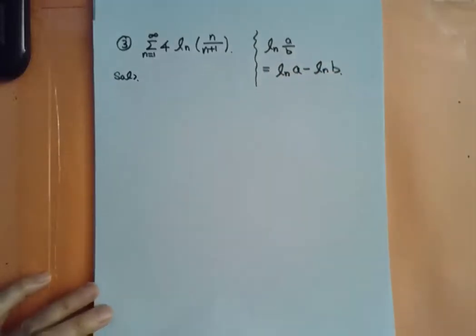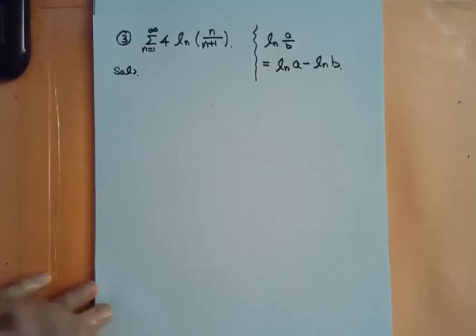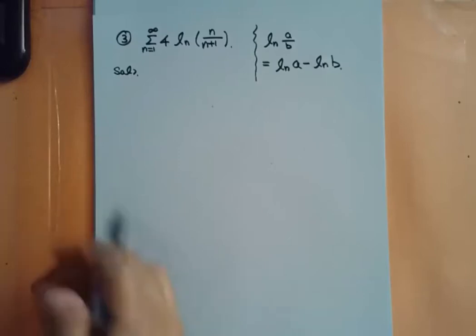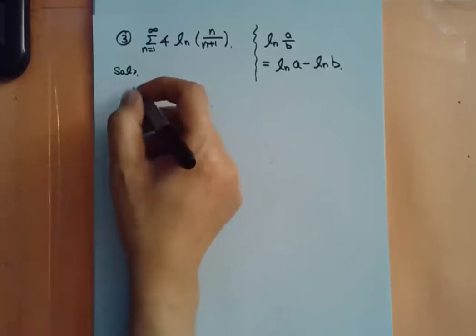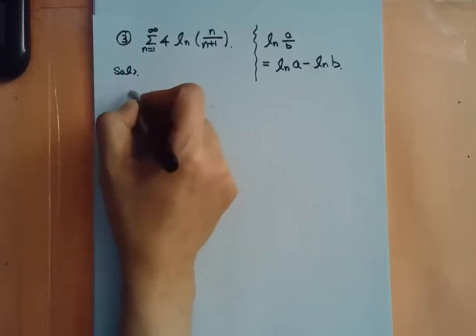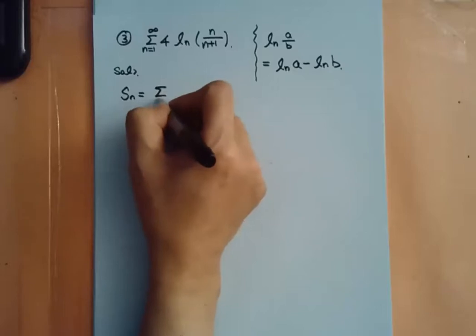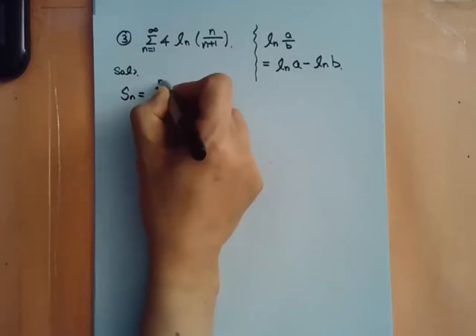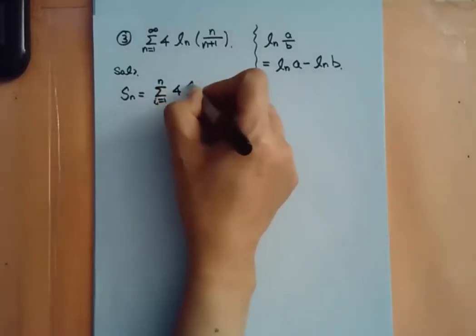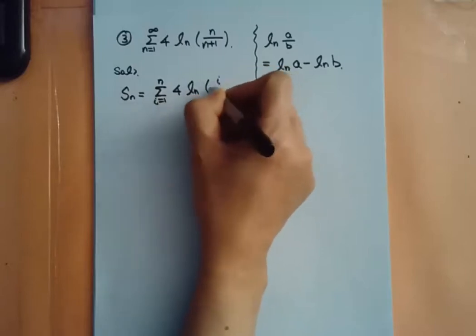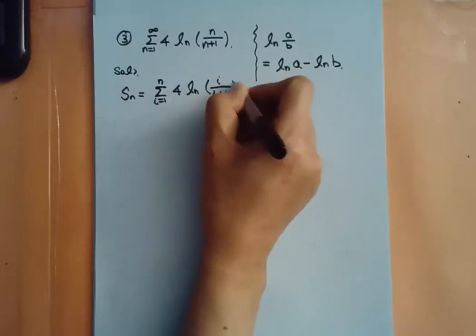So that's what we have to use in this case. So now we are not just using partial fraction. Instead of that, we use the logarithmic functions property. So nth partial sum is I equals 1 to n, 4 times natural log of I over I plus 1.